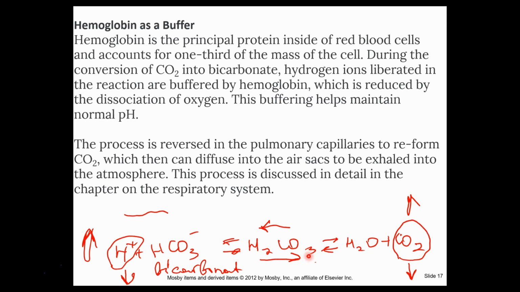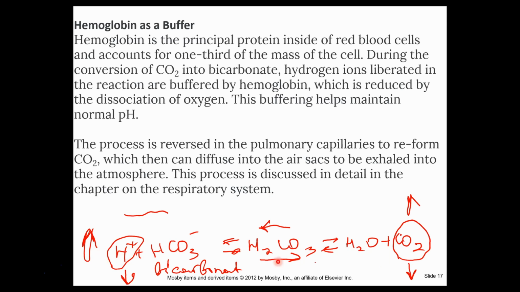So simply speaking, by looking at this formula, the easiest way is just to look at the hydrogen ions. If the equation shifts to the left, you're producing a lot of hydrogen ions and you become more acidic.